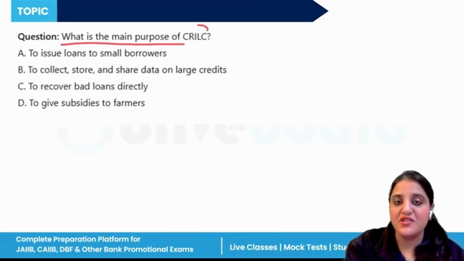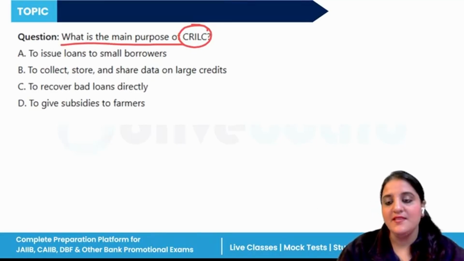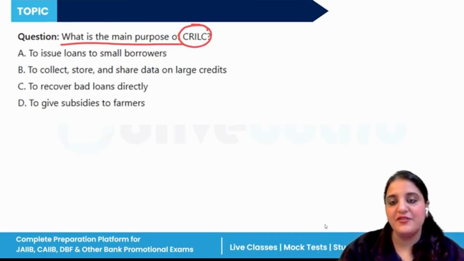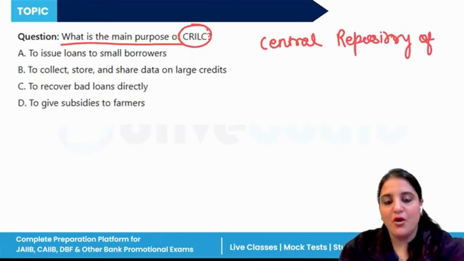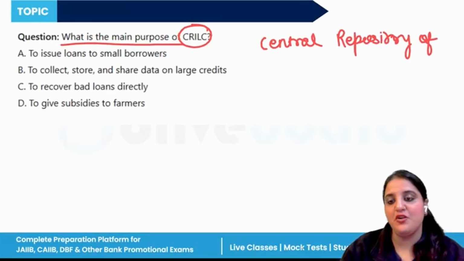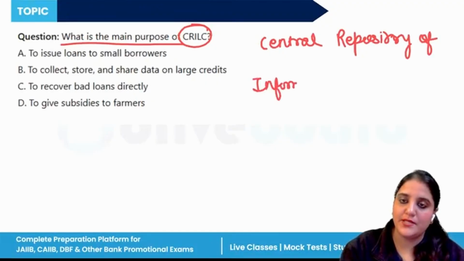What is the main purpose of CRILC? CRILC is the Central Repository of Information on Large Credits.